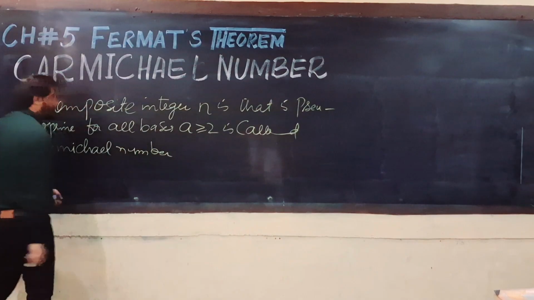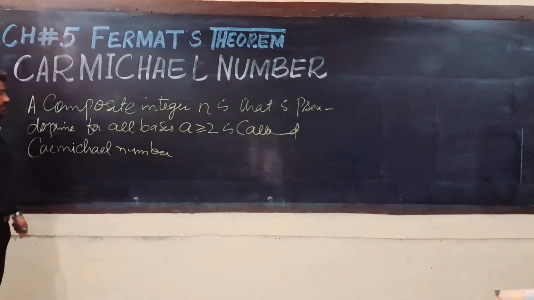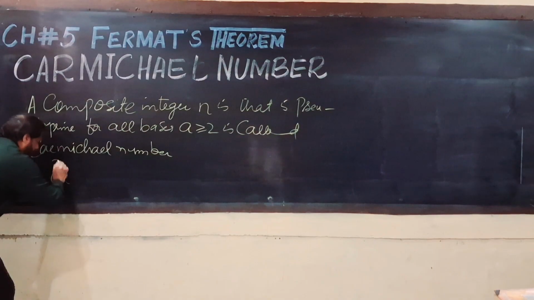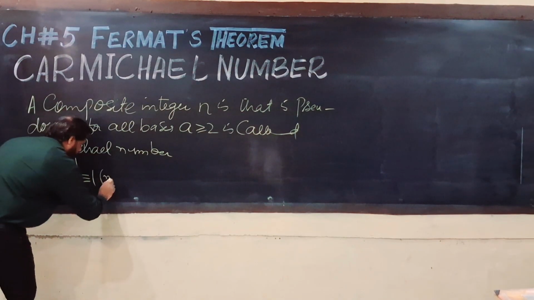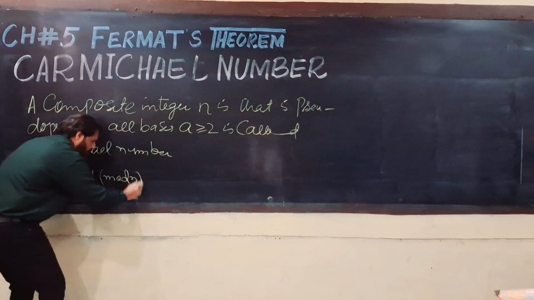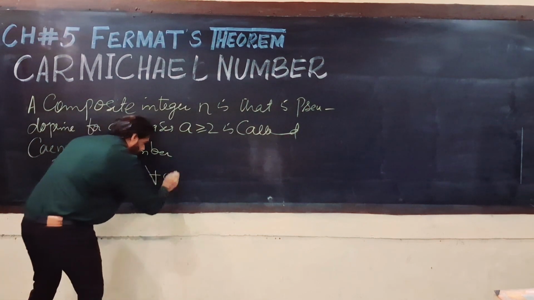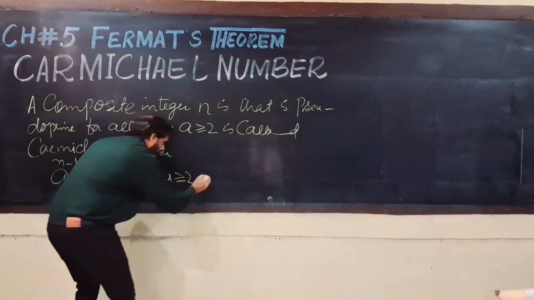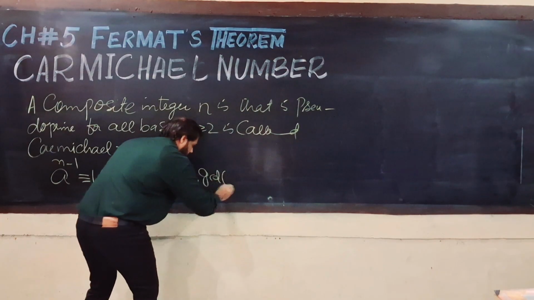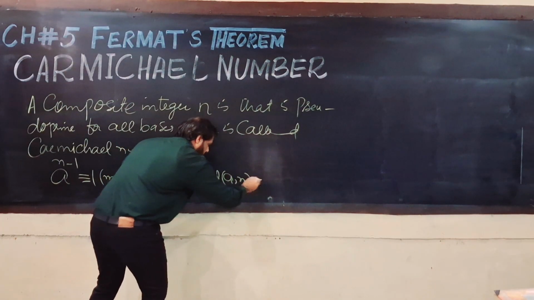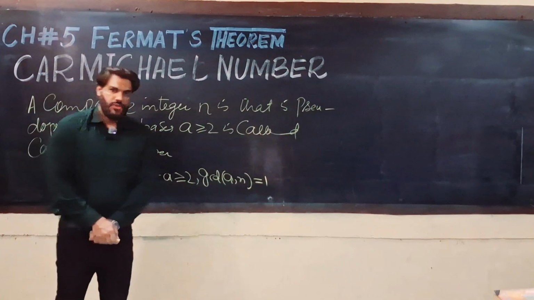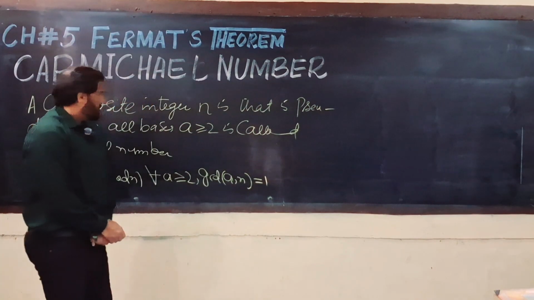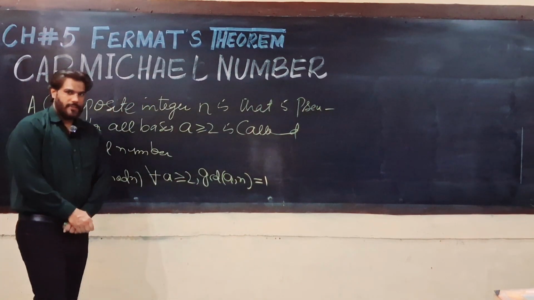In other words, n is called a Carmichael number if it satisfies a raised to power n minus 1 congruent to 1 modulo n for all a greater than or equal to 2 such that a and n are relatively prime, that is, their GCD is 1. So this is the definition of a Carmichael number.